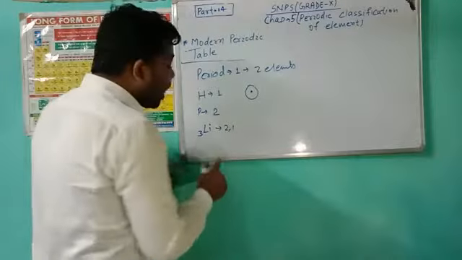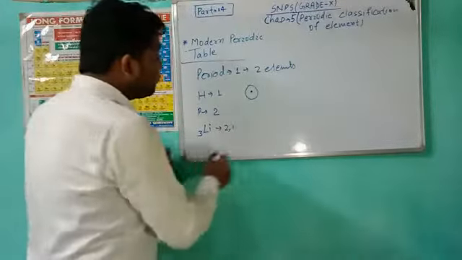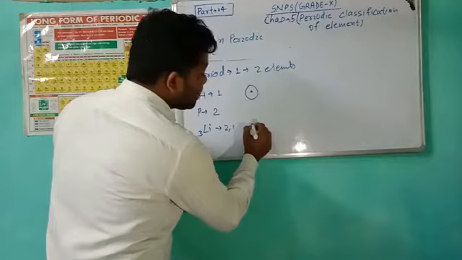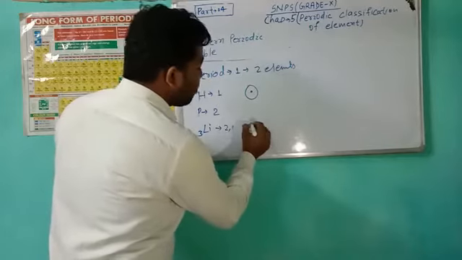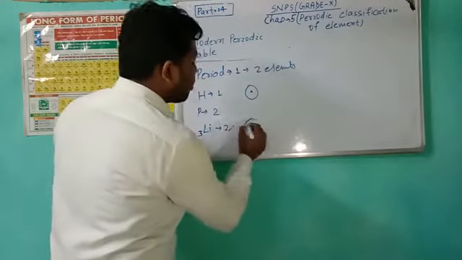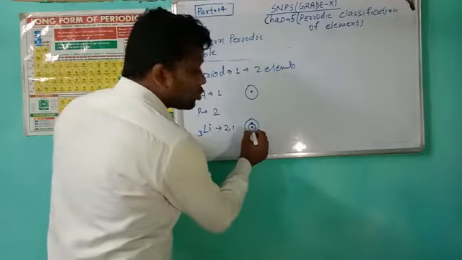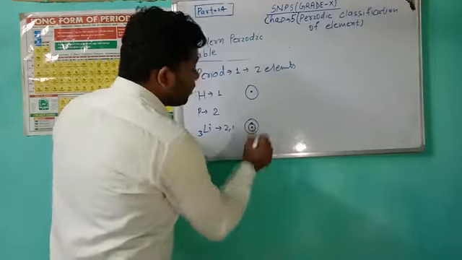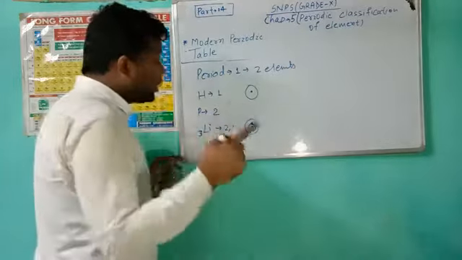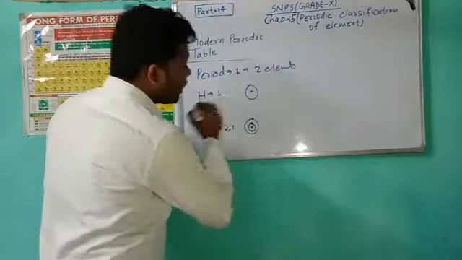So how many orbits are present in lithium? This is the nucleus, this is the first orbit and this is the second orbit, in which the first orbit has 2 electrons and only 1 electron is present here.